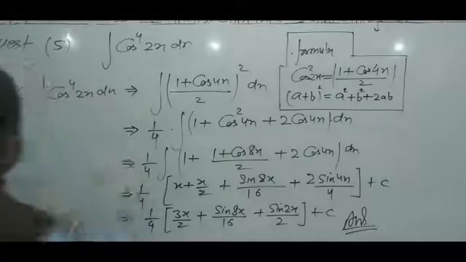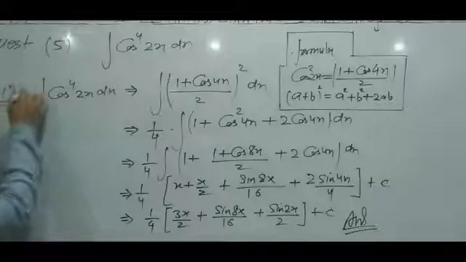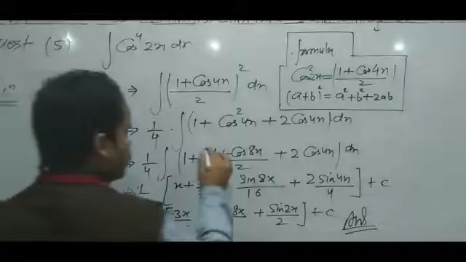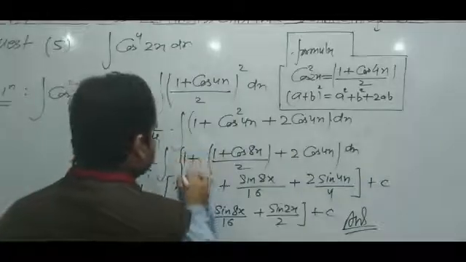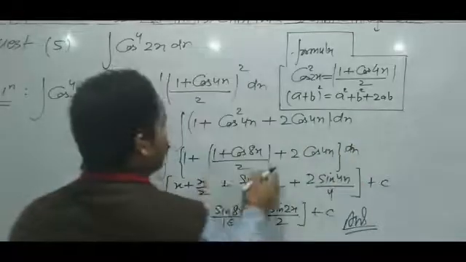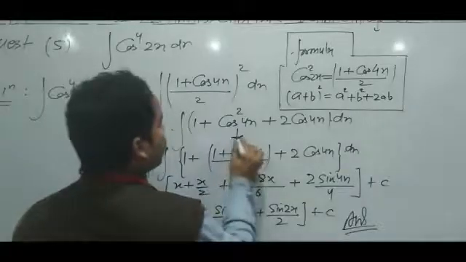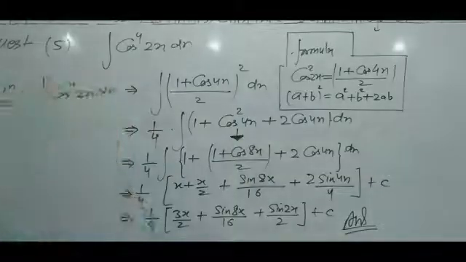Now there are so many questions related to this format. You can do this type of question also. If any doubts, you can clear them. In these steps, I will use square brackets here, and here I will use curly brackets, because 1 plus cos 8x by 2 is the value of cos square 4x.